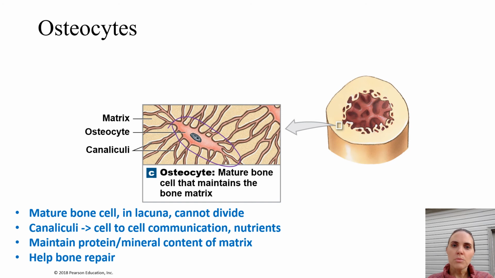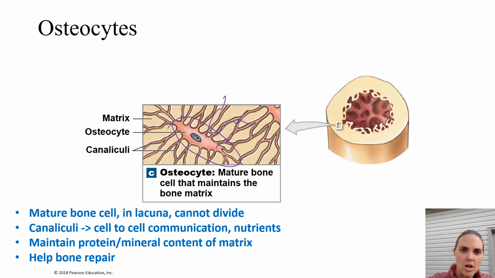The osteocytes, remember, lie in a lacuna, that little pocket between the layers of the matrix. In bone, there's only one osteocyte per lacuna, unlike cartilage where we can have more than one chondrocyte lying within there. And remember, we have those little cytoplasmic extensions coming off of the osteocyte.